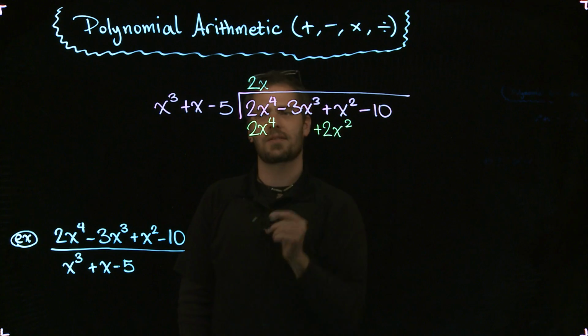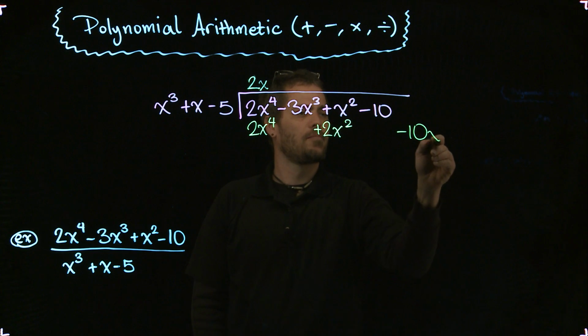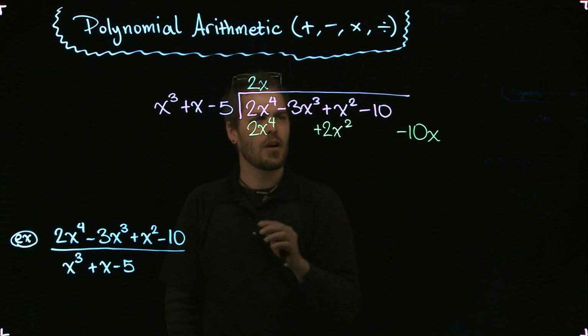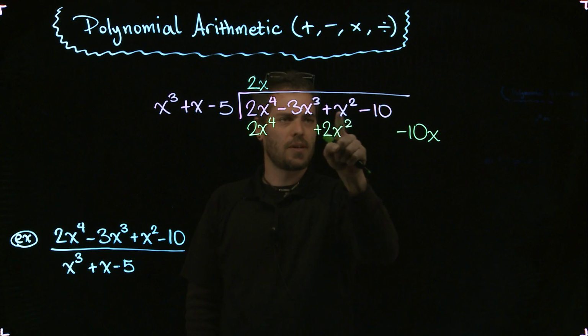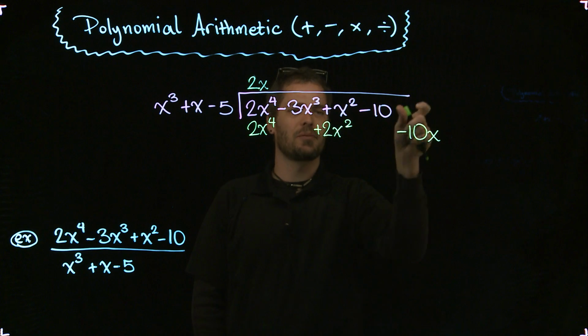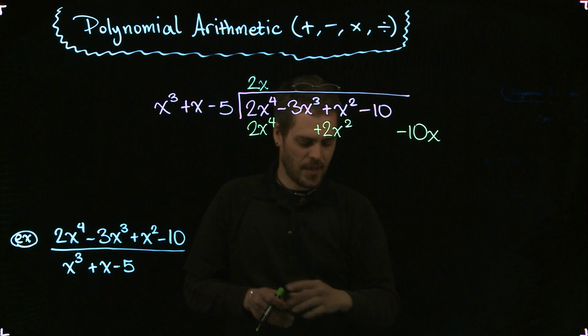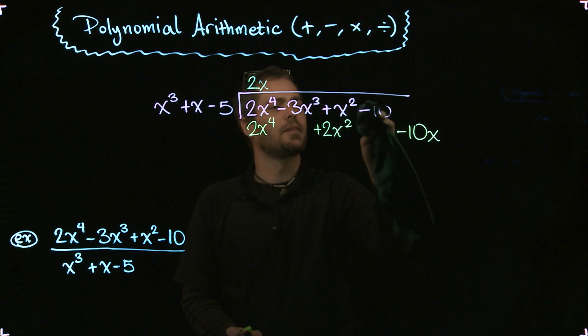I don't see an x term over there, so let me just put it out to the side. Alternatively, you can always include all the powers of x if you put a coefficient of 0 in there for the x terms that are missing. So I could rewrite this. In fact, I'll do that just for a second.